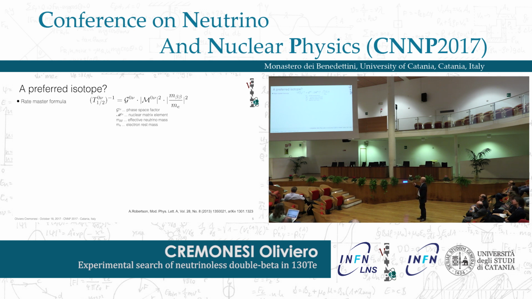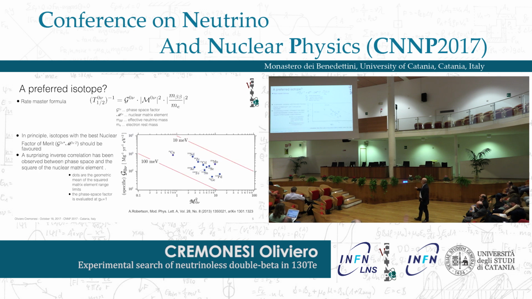This is the master formula for the transition rate, let me say. It is dominated by the phase space, then the transition matrix, and of course the neutrino mass. So some time ago there was a phenomenological observation of the fact that this product, let me say, of the phase space and the nuclear matrix somehow shows an anticorrelation. Okay.